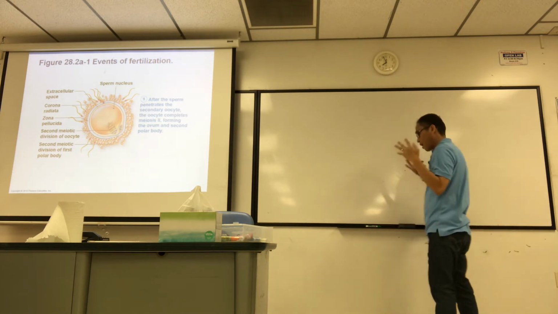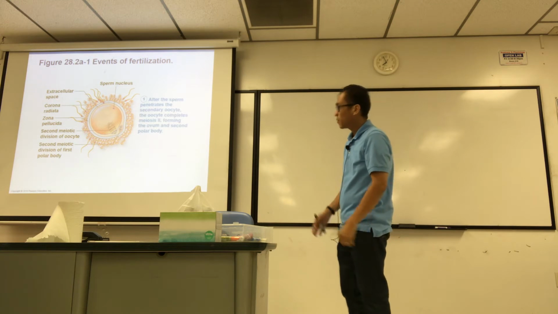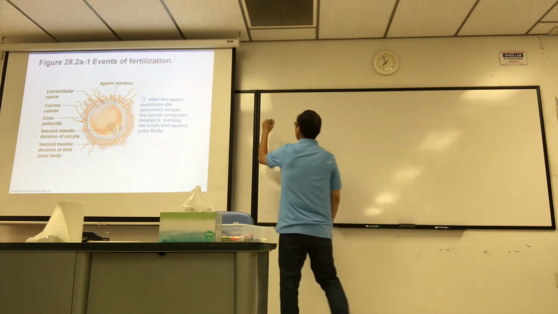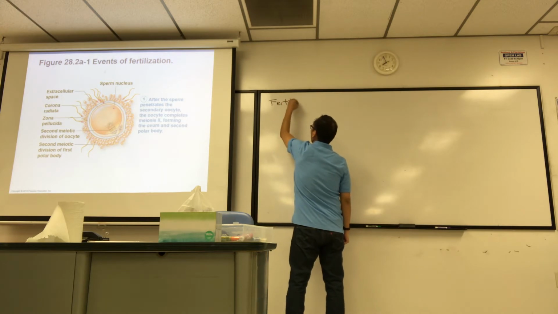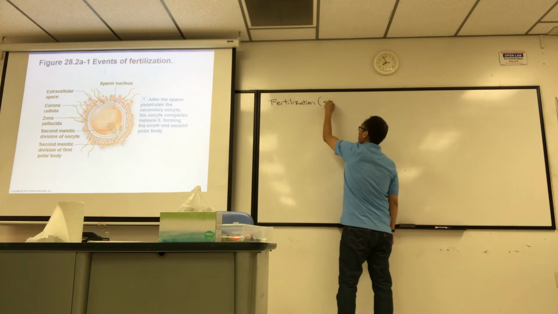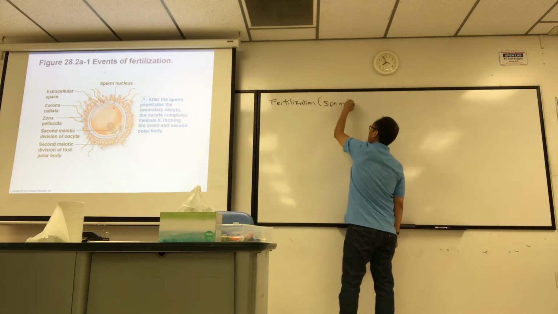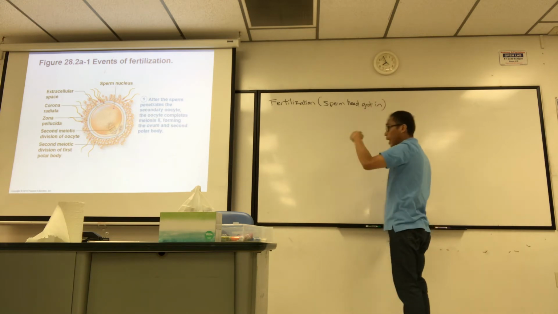So day 14, ovulation, fertilization. You assume it happens on that day. So these are the events of fertilization. Remember, the sperm got in. Sperm head, to be specific. So it's like, okay, now what?